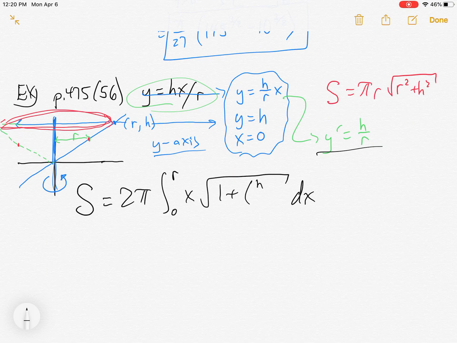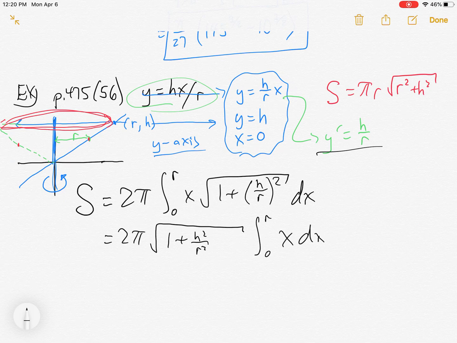And then we have 1 plus the derivative squared. What's kind of interesting about this? The thing in the square root doesn't even have any x's in it. It can pass right through the integral. I didn't actually do this in my note I'm looking at, but I think it'd be wise to just get it through there. So this is 1 plus h squared over r squared.